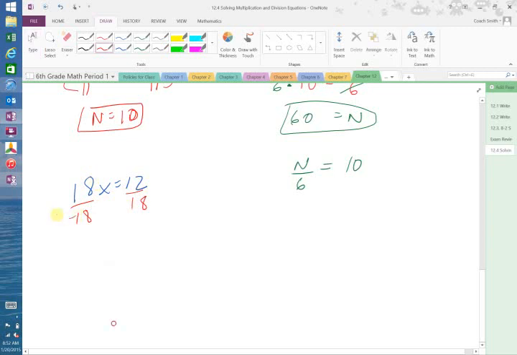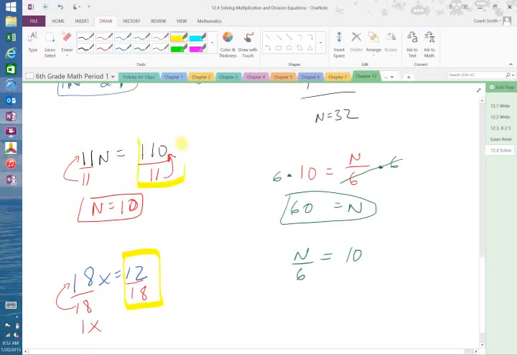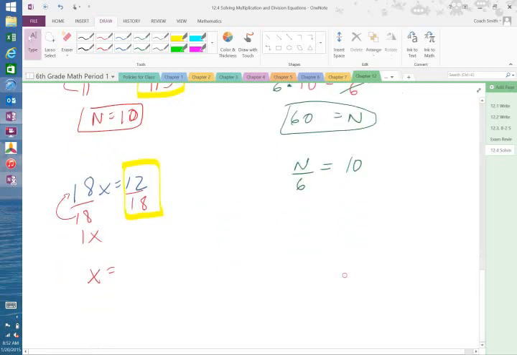18 over 18 goes 1 time, so that gives me 1x, which is just x. Now here's the part that's different. We have to look at 12 over 18 just like we needed to look at 110 over 11. That's just a fraction. Is 12 over 18 a proper or improper fraction?